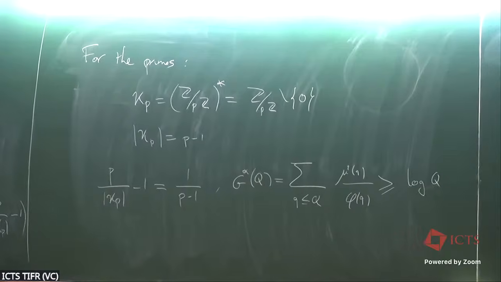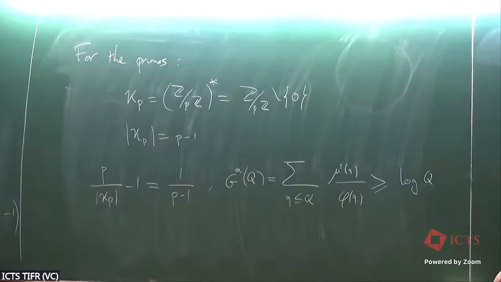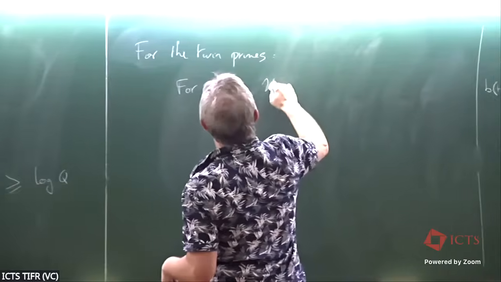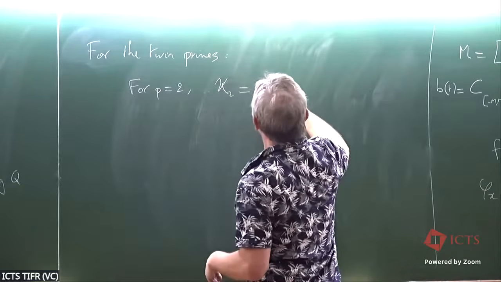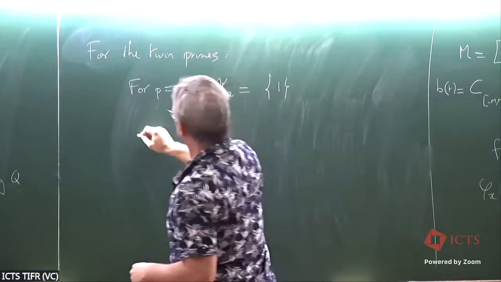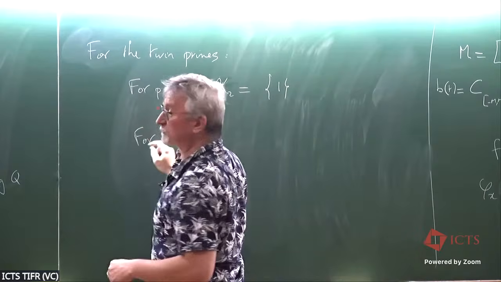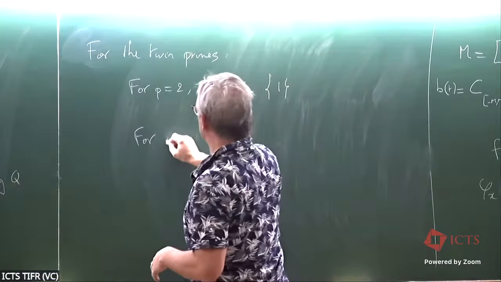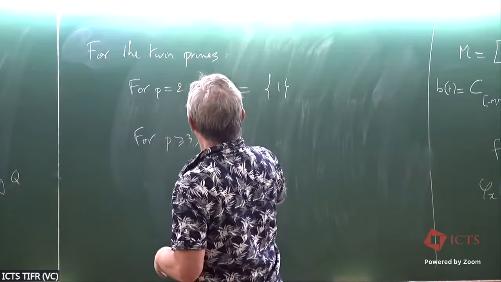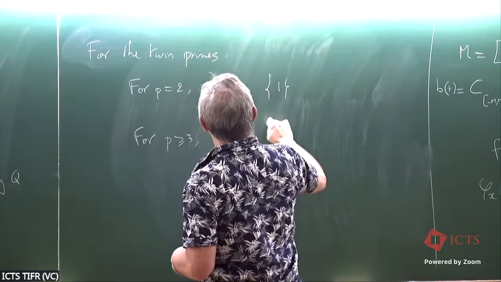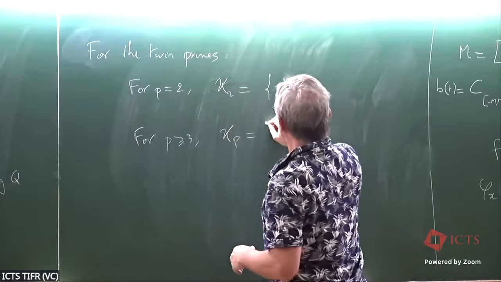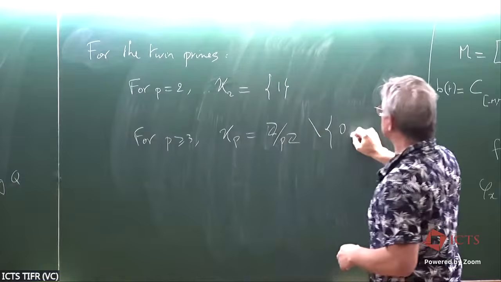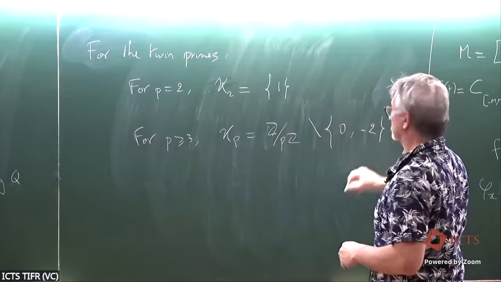So for p equal to 2, you take K_2 equals simply the set {1}, because the classes of 0 and minus 2 are the same. For p larger than 3, you take K_p to be Z/pZ, and you remove the classes 0 and minus 2.